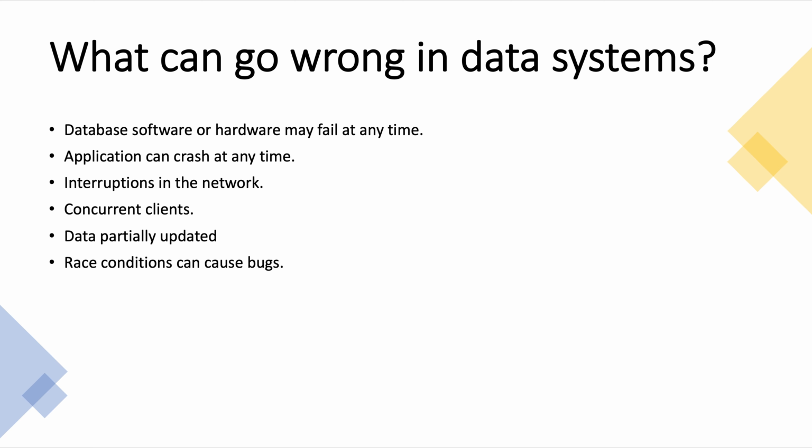All the reads and writes in a transaction are executed as one operation: either the entire transaction will succeed, that is, it will be committed, or it will fail, that is, it will be aborted or rolled back. If it fails, then the application can safely retry.